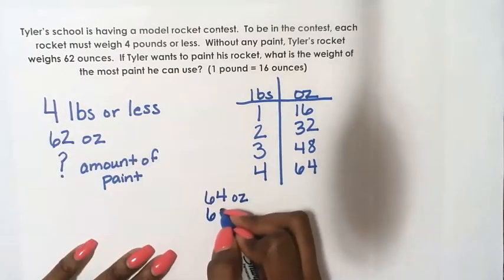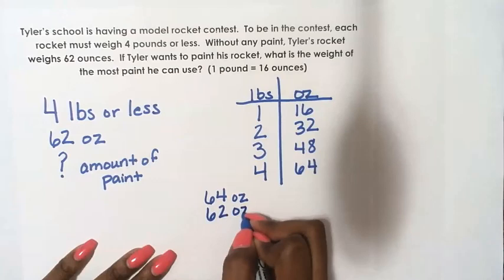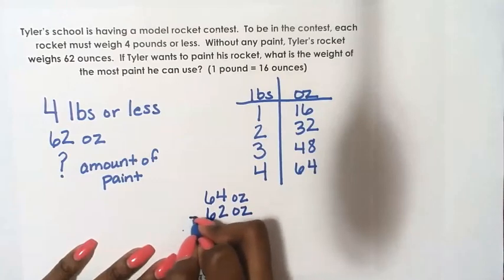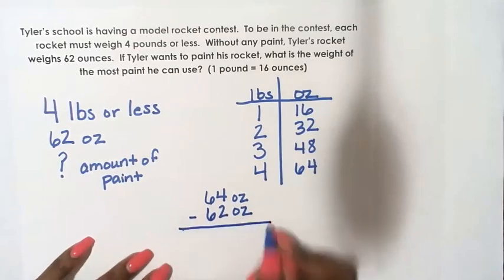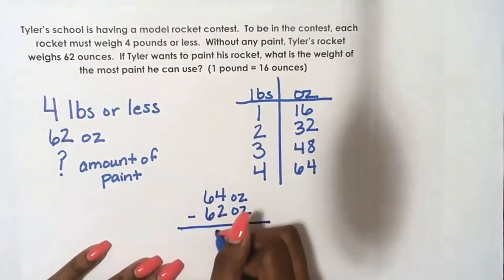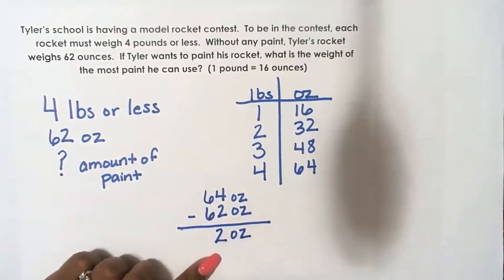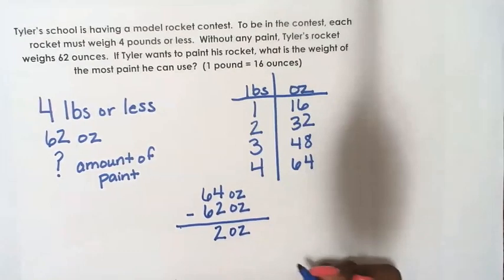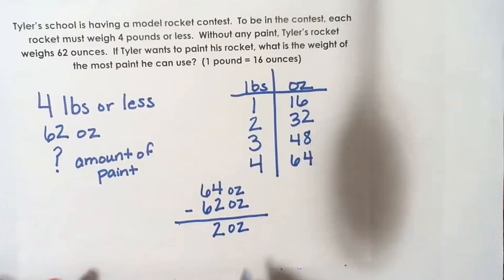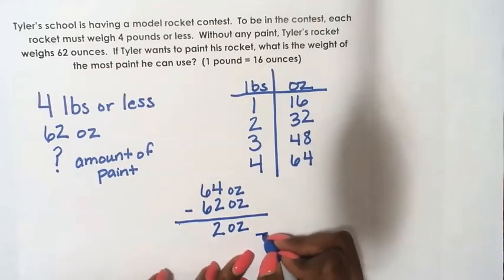Tyler's weight is 62 ounces. In order to find the difference, I will need to subtract. There is a difference of 2 ounces. So this must mean in order for Tyler to compete in the contest, he can use 2 ounces of paint.